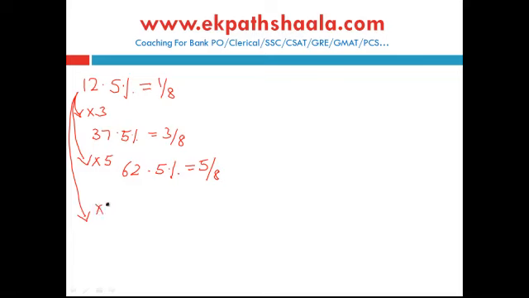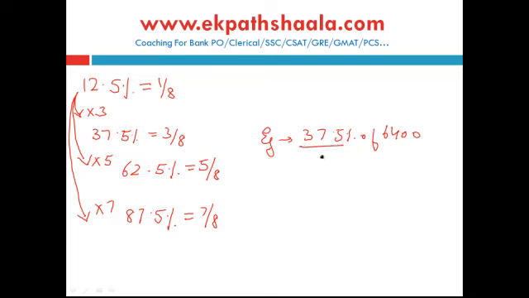Multiplying the first value on both sides by 7, it becomes 87.5%, and on the right hand side it becomes 7 by 8. Taking the previous example on the first slide, 37.5% of 6400. Now we know the percentage equivalent, that is 3 by 8 into 64. It becomes 3 into 8, 2400. I hope you understood the concept of percentages.